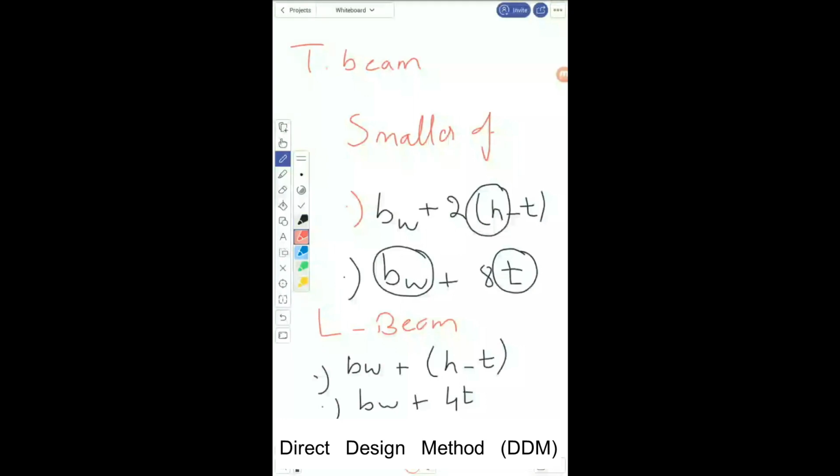So you need to first identify the type of beam you are analyzing. Depending on whether it is a T-beam or an L-shaped beam, you will select one of the two formulas. Either it will be this one or it will be this one.